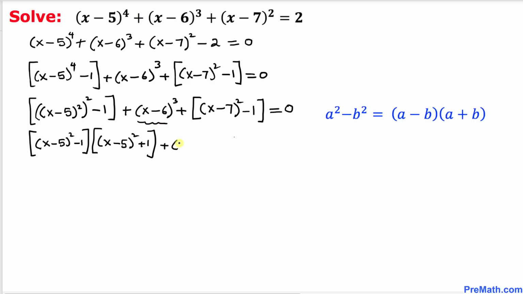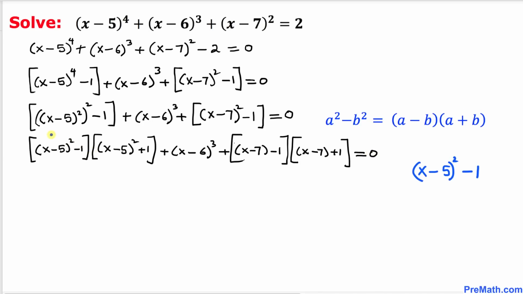So I'm going to write down (x − 6)^3 and plus, finally, this thing. I can write this one as (x − 7 − 1) multiplied by another bracket, (x − 7 + 1) = 0.